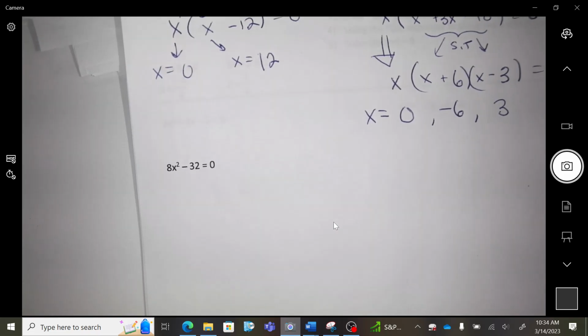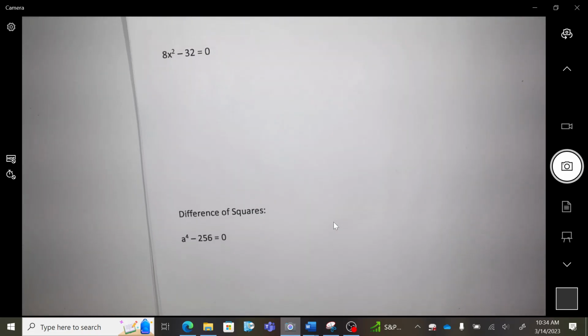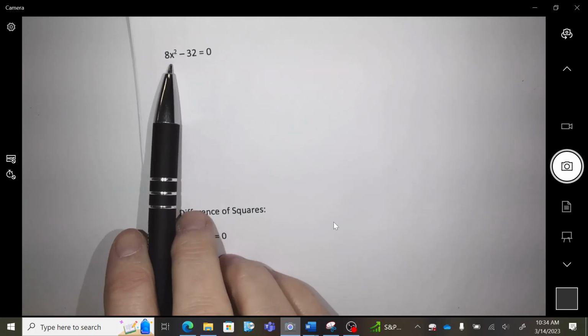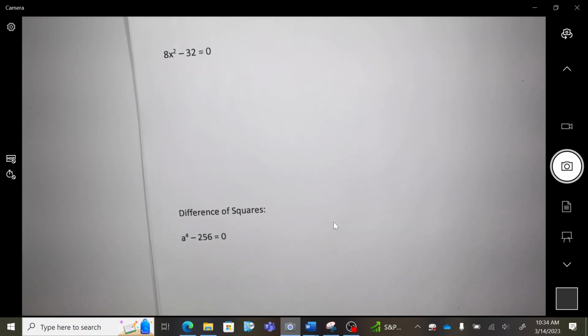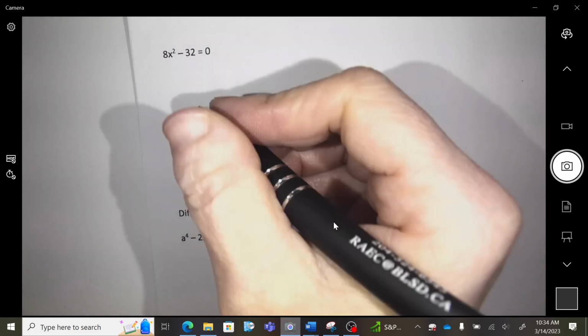Okay, the next one is 2 terms. So is there anything common between those 2 terms that you could divide them each by? This and this are both divisible by 4, true, but something else: 8. It's called the greatest common factor, so you always want to try to take out the biggest, the greatest.